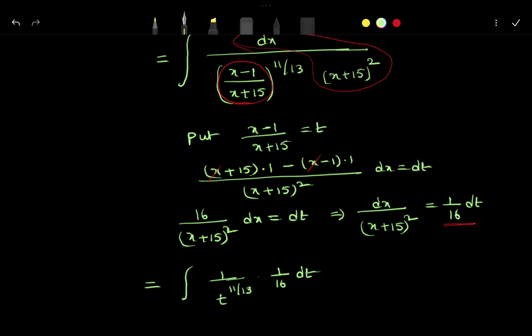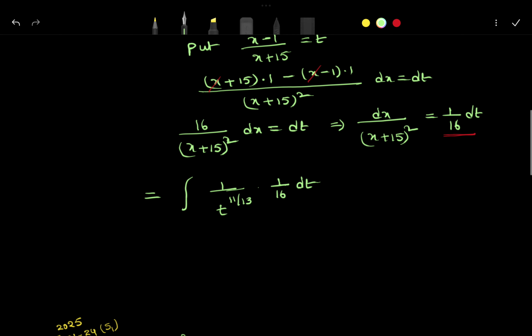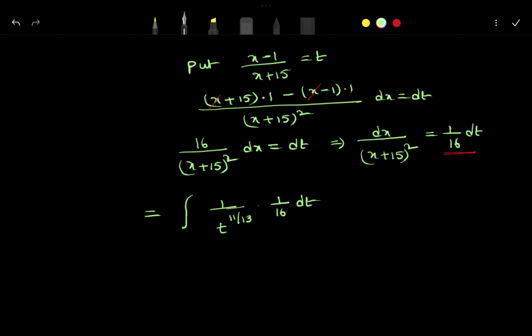So on integrating, this equals 1 by 16 into the integration of t to the power of minus 11 by 13 into dt.